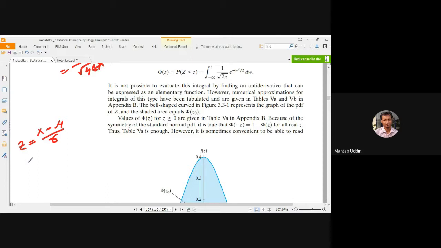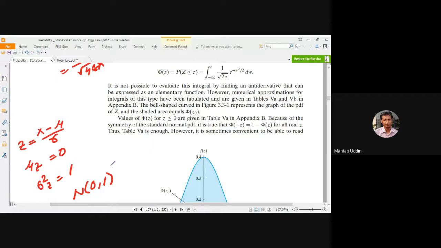If you convert them, the average of z is 0 and the sigma square of z is 1. In this case, if you convert them to the standard normal distribution, it will form as 0, 1. So for the standard normal distribution, mean is 0 and variance is what? 1.